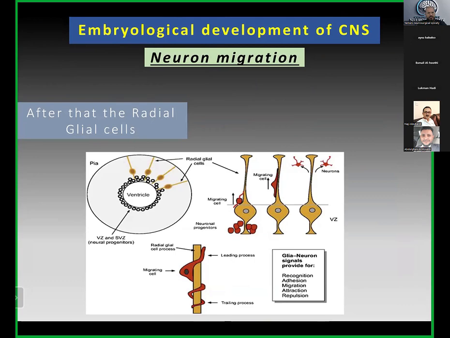The process which extends from the neural tube to the basement membrane outside regresses, and the cell itself is located at the paraventricular area and makes the lining of the ventricle and the central spinal canal in the form of the ependymal cells. So these radial glial cells will finally form the ependymal cells at the lining of the ventricle and the central spinal canal.